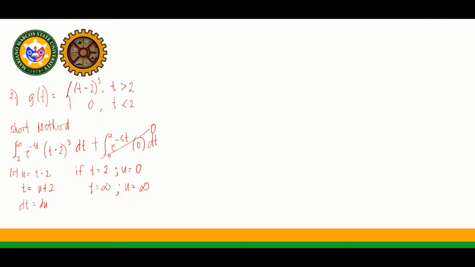So from there, let's rewrite this equation in terms of u. This will be equal to e raised to negative s, and t in terms of u is u plus 2, and then u cubed, du, limits from 0 to infinity. Recall the properties of exponents.